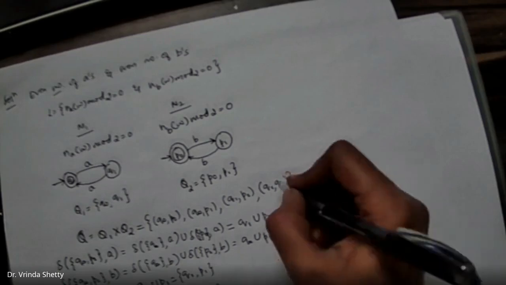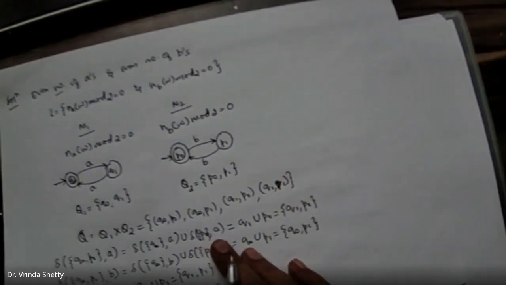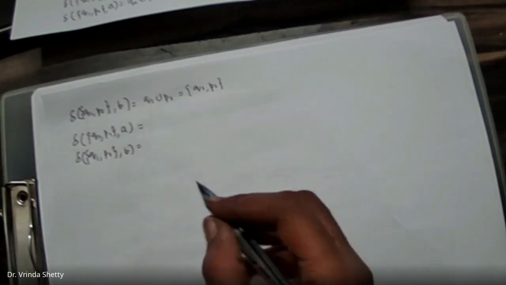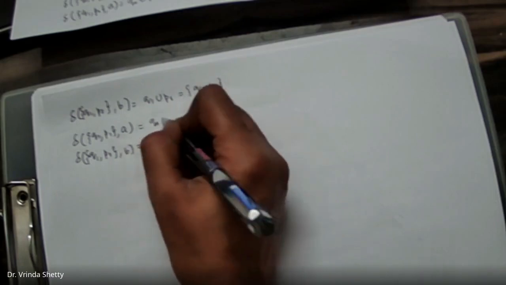Next, left out is Q1 P1. Q1 P1 on both A and B we need to check. So we'll write here delta Q1 P1 on A has to be found and delta Q1 P1 on B needs to be found. Q1 on A, where is it going? Q1 on A is going to Q naught.